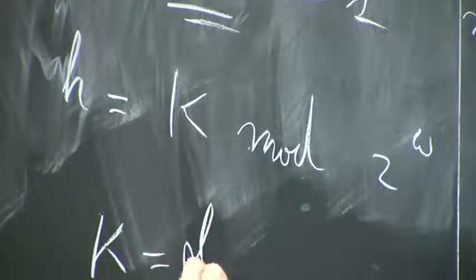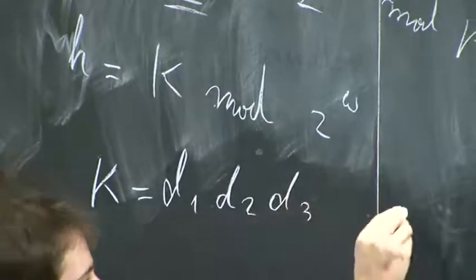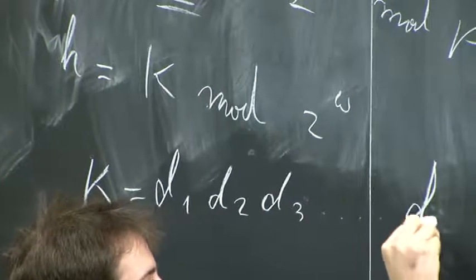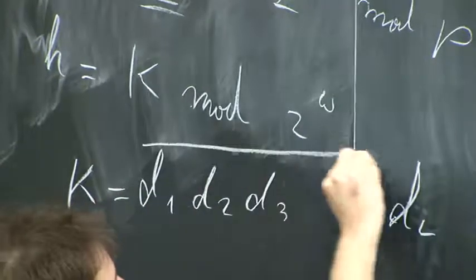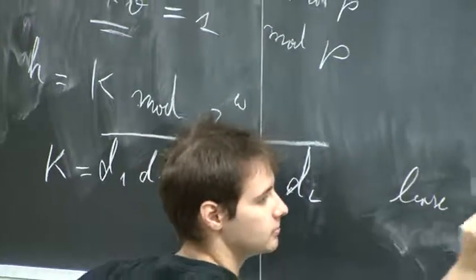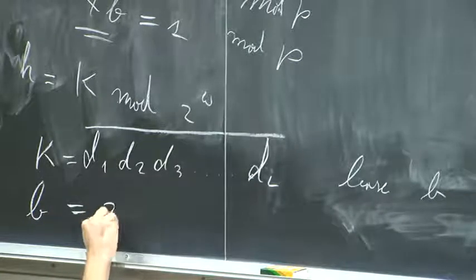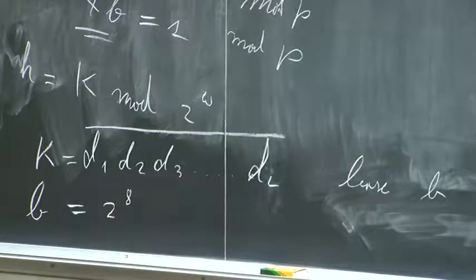So k is d1, d2, d3, all the way up until d length in base b. And I'll make things easier and say that b is 2 to the 8 because we're working with ASCII characters or colors or something that fits nicely in a bit. So what could go wrong with using this?